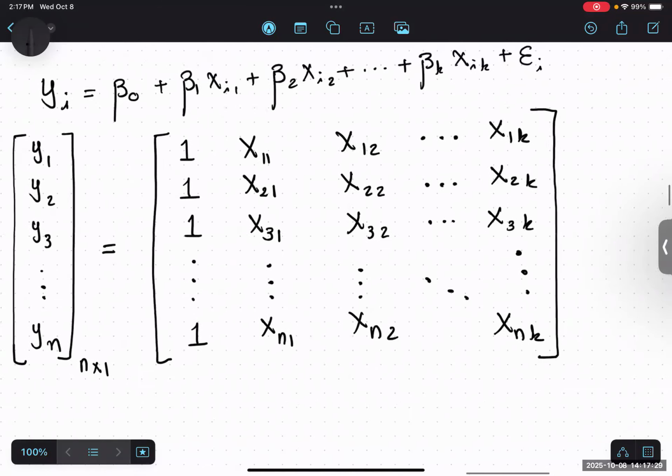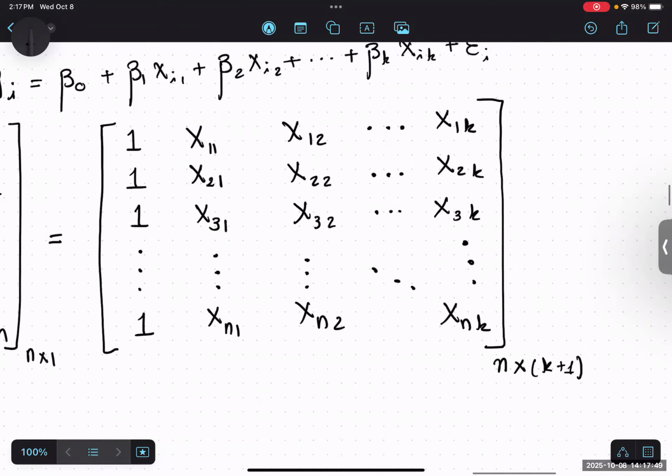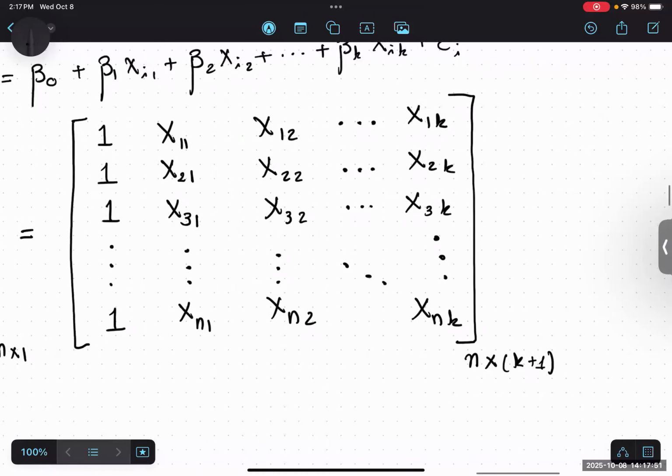Now, suppose that you have the constant, which means that you include the vector of ones. This matrix now has dimensions n, because we have n observations, but the number of columns is not just k, it's k plus 1. The plus 1 is because of the constant, right?